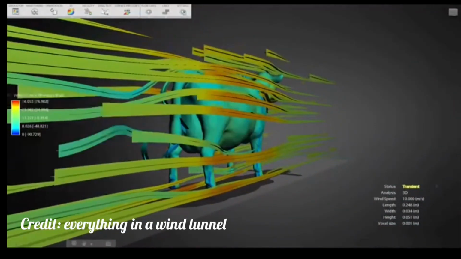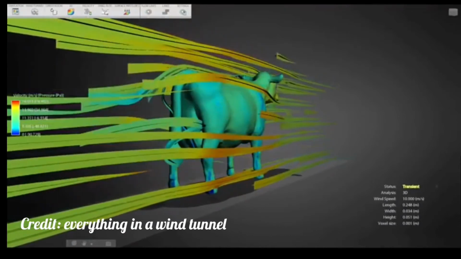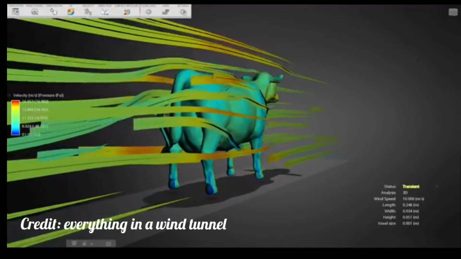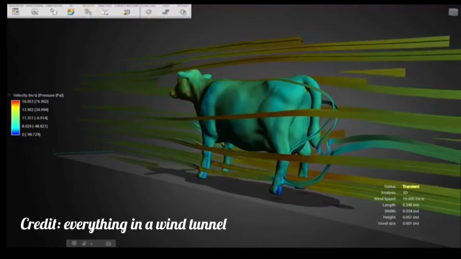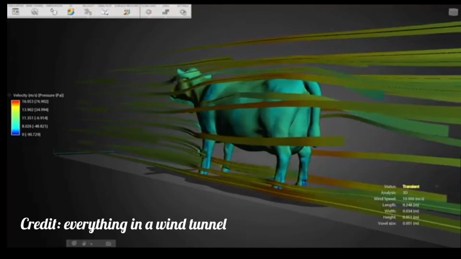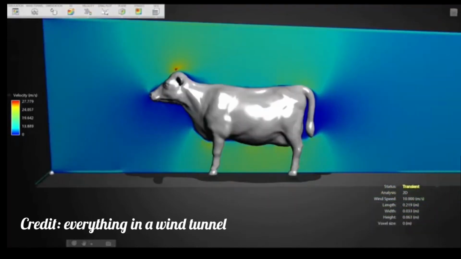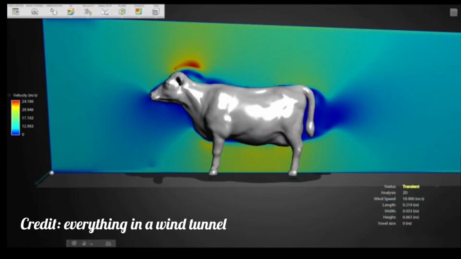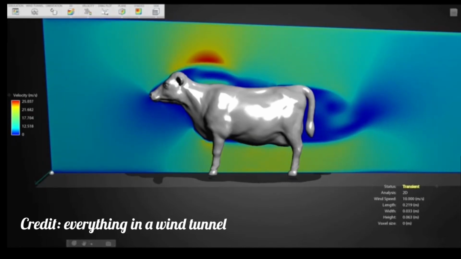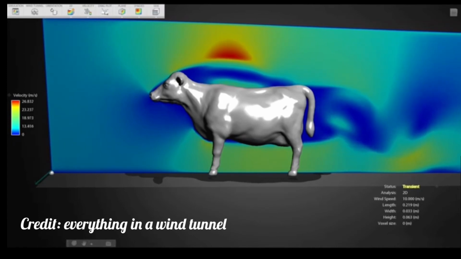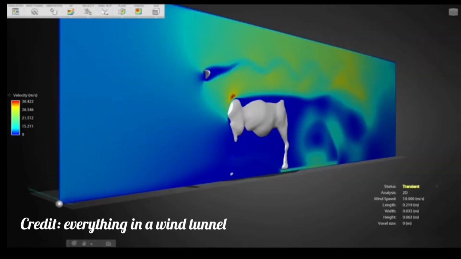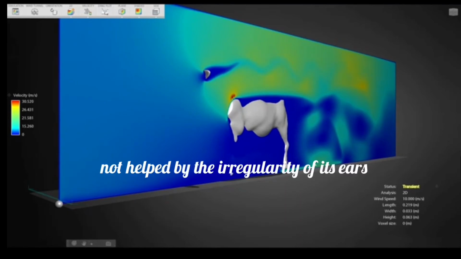There's nothing quite like placing random objects through some computational fluid dynamics software. As we can see, the forehead of the cow experiences a zone of high pressure, since a lot of air is deflected from the front of the nose and straight to the head. The forehead also sits in a very open position with nothing to deflect airflow from above, meaning it gets quite a lot of flow directed towards it.